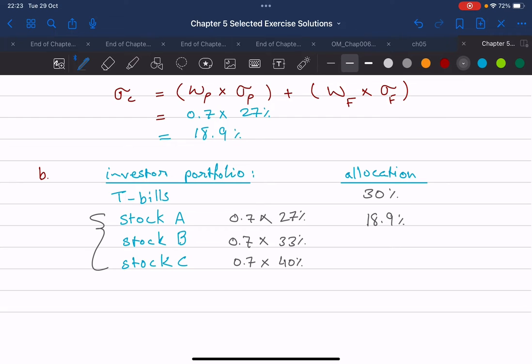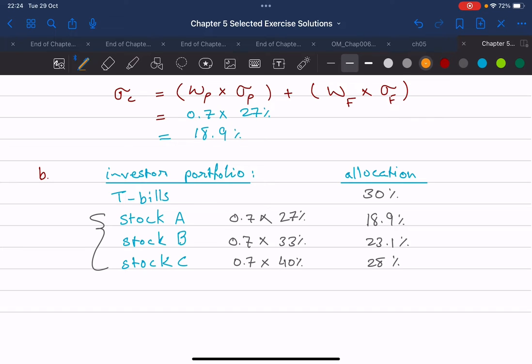Okay, for stock B, multiplied by 33%. That will give us 23.1%. And finally, for stock C, that will give us an allocation of 28%. Okay.